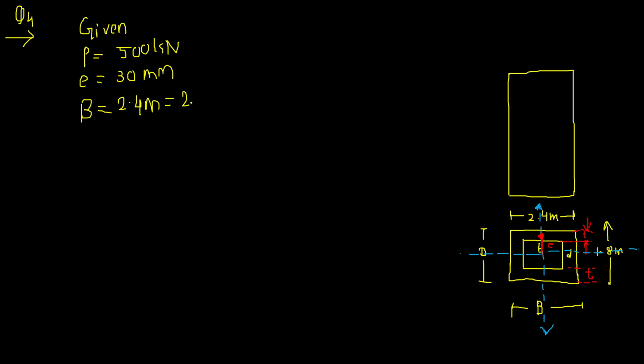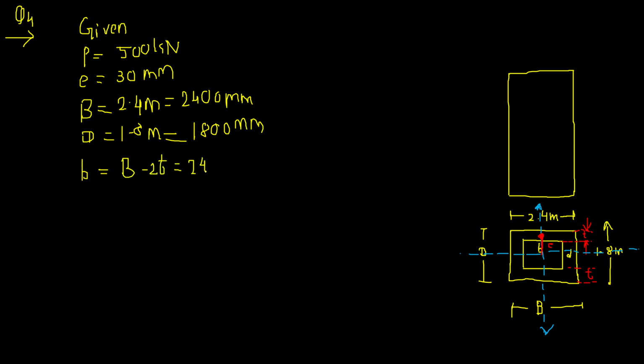So we will convert it into mm. 2400 mm. 1 meter is equal to 1000 mm. D is equal to 1.8 meter, that is 1800 mm. Now small b, the distance of the inner rectangle, that small b is equal to capital B minus 2 times the thickness.